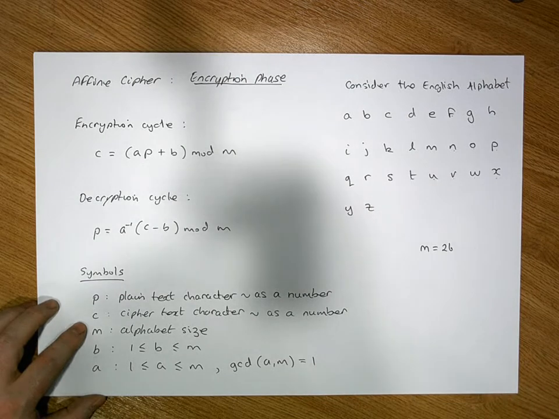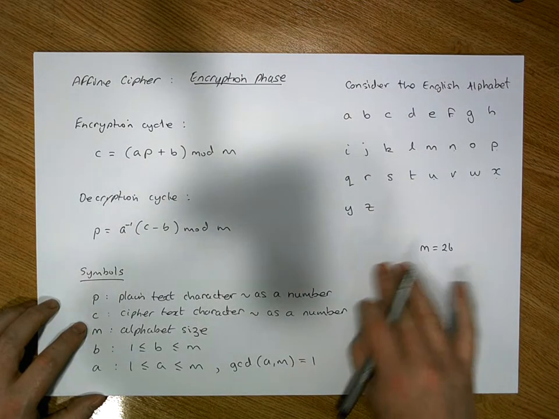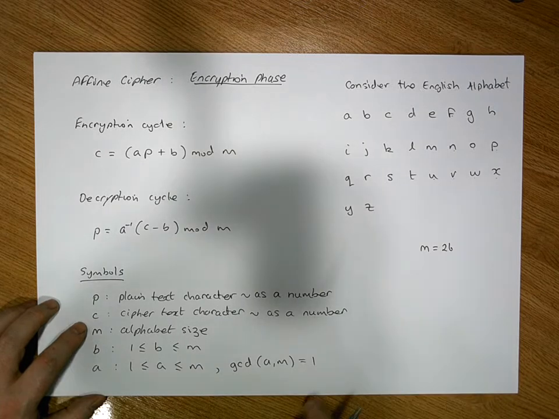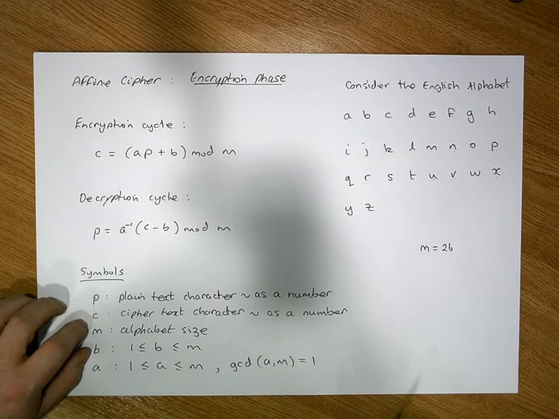It's our alphabet size. It doesn't have to be this, it could be a larger alphabet, but for our purposes we'll choose M equal to 26. Now for each character in our alphabet, we give it a numerical representation.